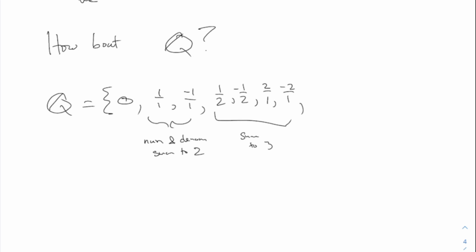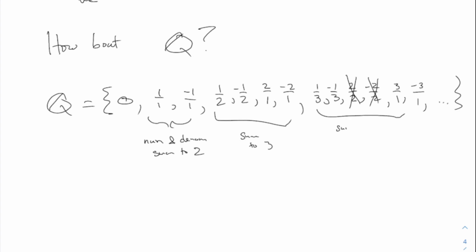So this next one would be 1/3, -1/3, 2/1, sorry, I'm trying to make them add up to 4. 2/2 and -2/2, but actually those I've already listed because they reduce, so I'm going to skip those. Or I could do 3/1, -3/1. So this is a block in which the numerator and denominator sum to 4.